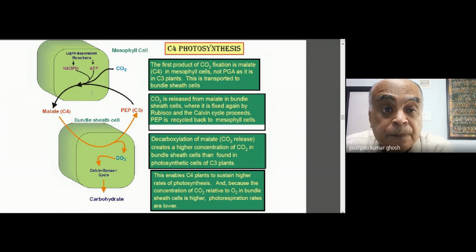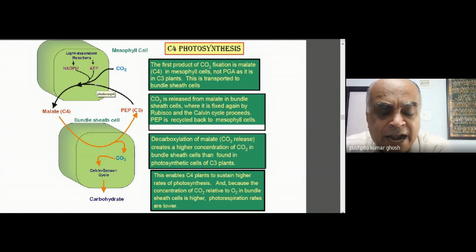Now obviously these processes, like the phosphoenol pyruvate becoming malate, require energy. So that's why you'll see there's an input of ATP, there is an input of NADPH. Where are these being formed? It's being formed in the light cycle.